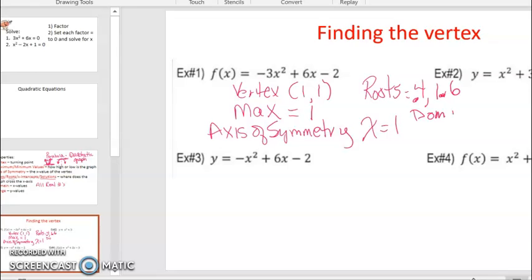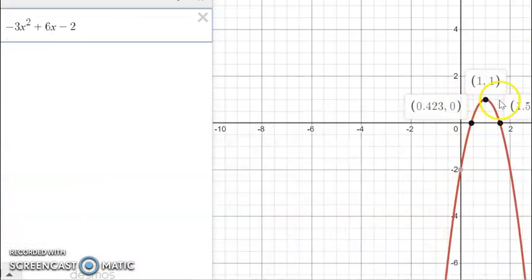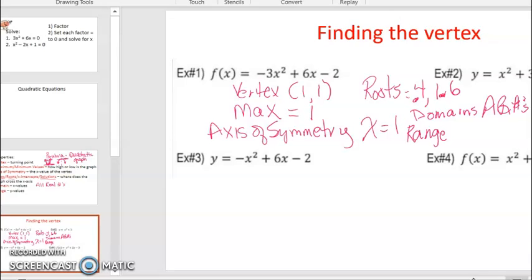Remember, domain I told you would be all real numbers. But your range is determined by the maximum or minimum. So let's look at our graph. If the maximum value on the y that we get to is a 1, then all my other values for y must be less than that. So if I'm going to describe my range, it's y is less than or equal to 1. Okay?